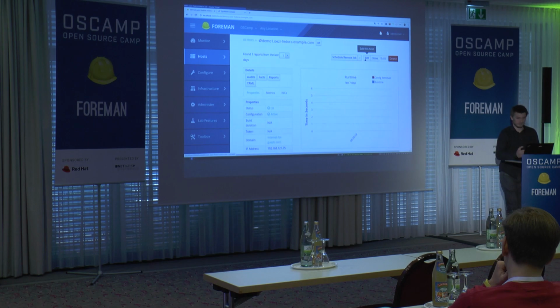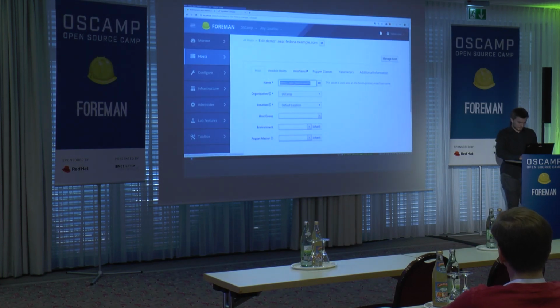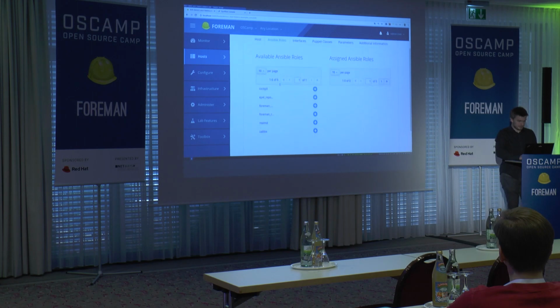You can obviously install the smart proxy through the installer, but we are integrating with Ansible, right? So I would like to deploy a smart proxy on this host through Ansible. So I have my roles here, and I will assign the needed ones to the host.